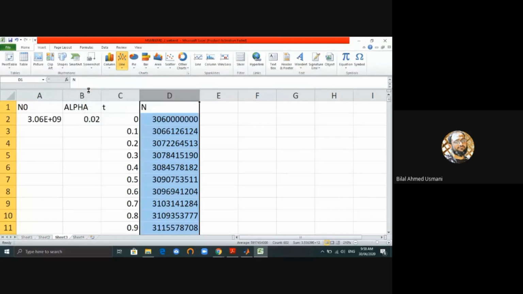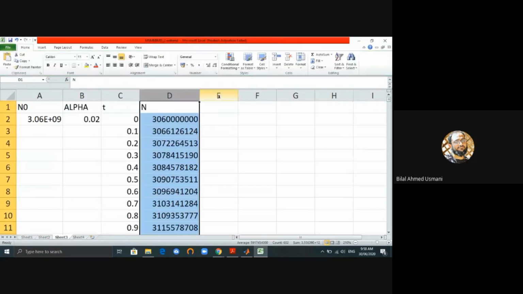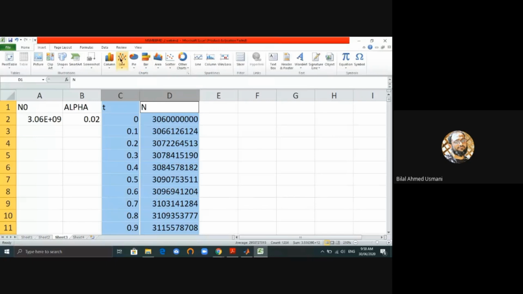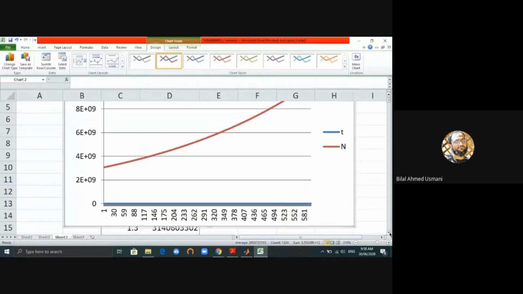So in this particular case, let me draw it a bit neatly. So if you look at it, you can see that it's actually going up, and t is the time which is over here on the x-axis.